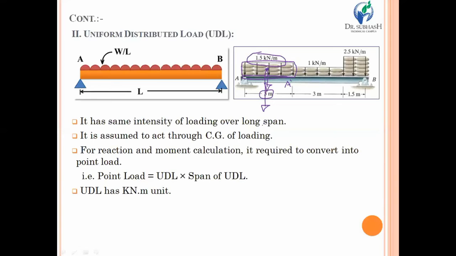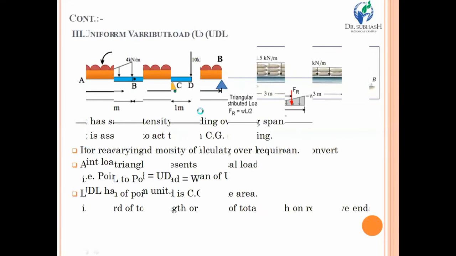You have converted the 4.5 kilonewton, but where should it be placed? That is very easy. Just find the center of gravity of that particular span and put it there. That will be your point load that you have converted from the UDL, acting through the center of gravity of that particular part. So this is what uniform distributed load is about.